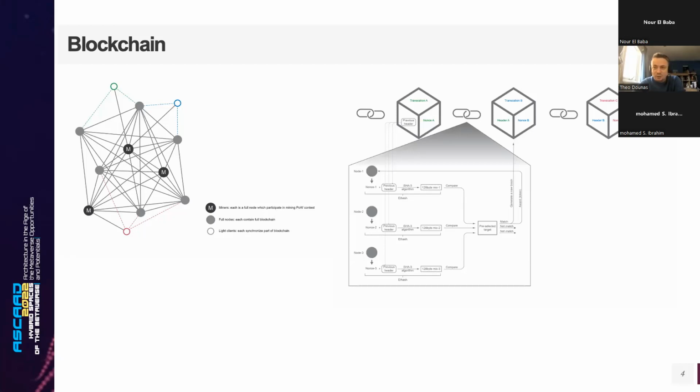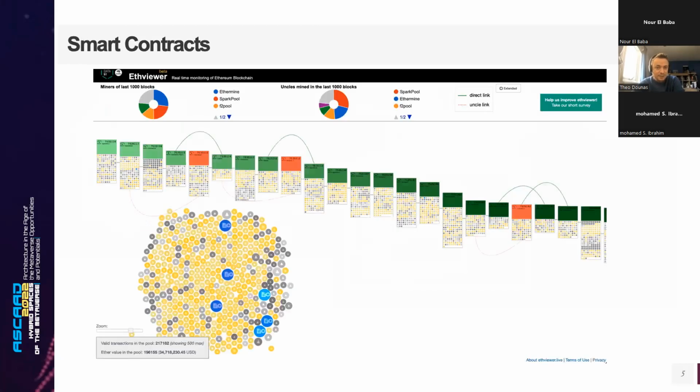I won't go too much into the depth of the technical aspects of blockchain, because I'd like to focus on the next level, which is smart contracts. And smart contracts are the software equivalent of an automated vending machine, right?